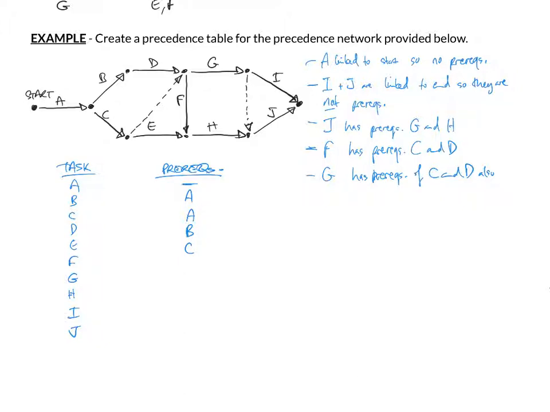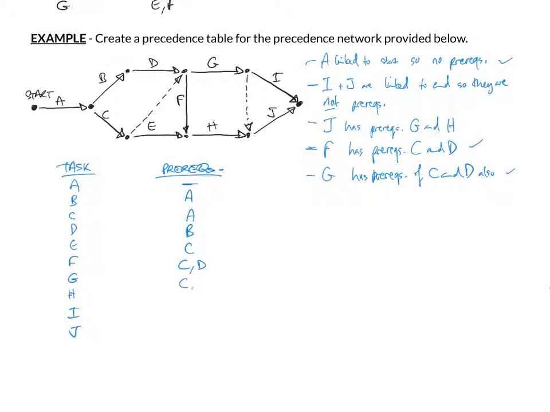F has a dummy link from C here, and it requires D. So C and D, we already mentioned that in our thinking, so that is crossed off. We haven't done I and J yet. G has prerequisites of C and D also.